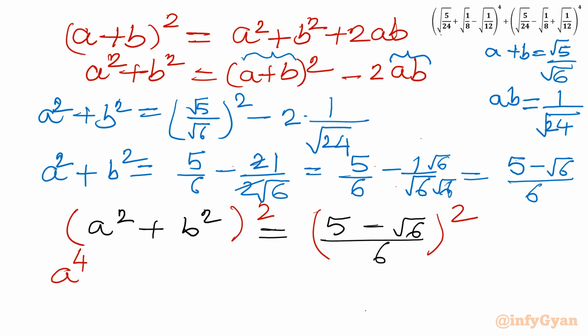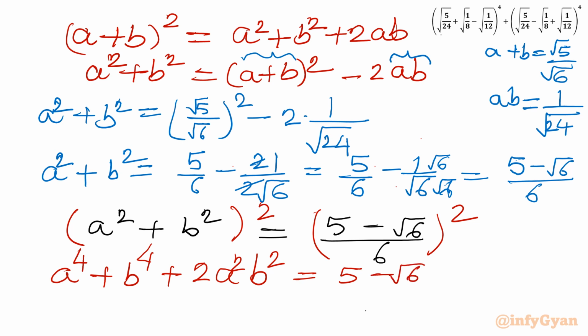So a power 4 plus b power 4 plus 2a square b square equal to 5 minus root 6 whole square divided by 36.